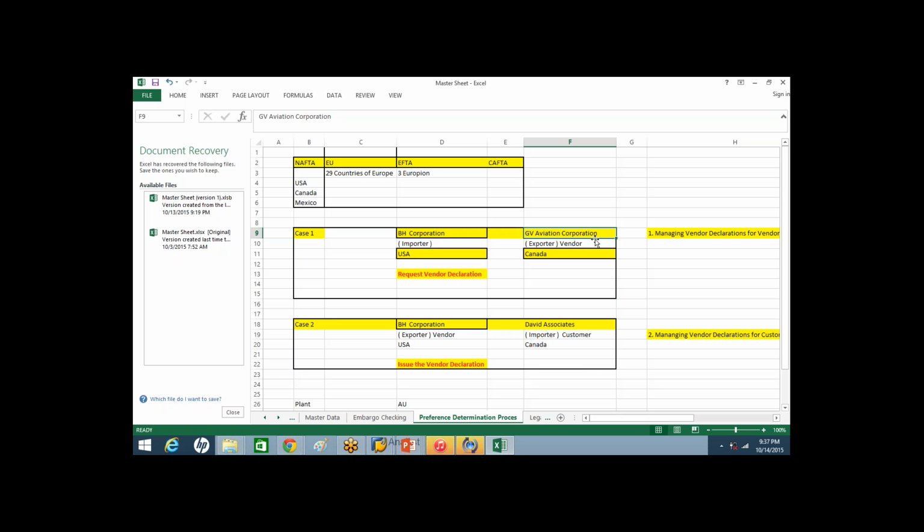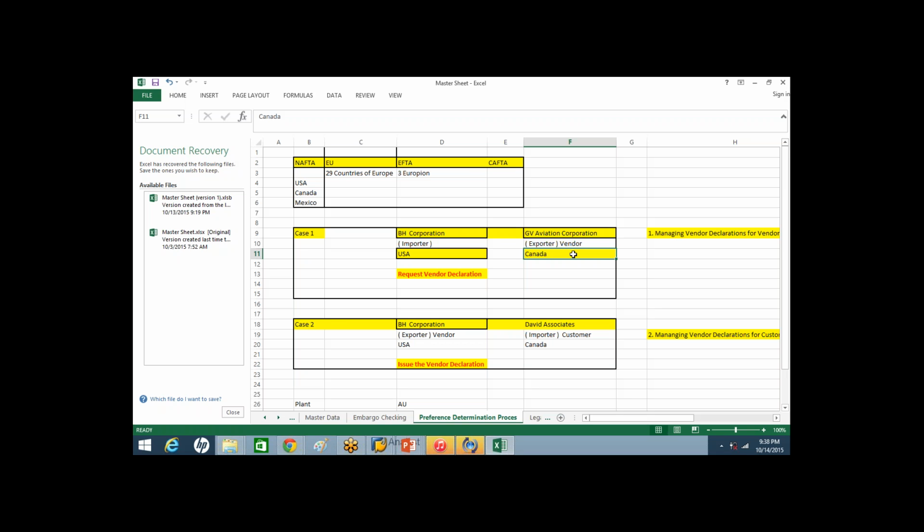The vendor declaration given by GV Aviation from Canada states that the goods are originated, completely manufactured by the manufacturer in Canada.